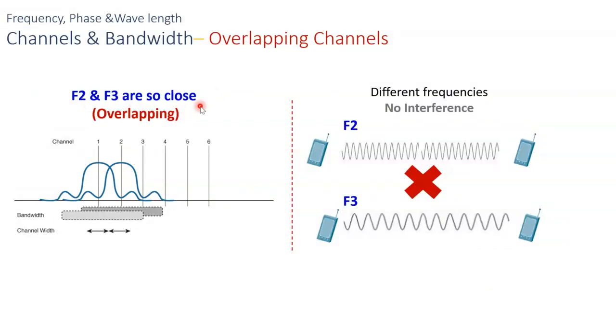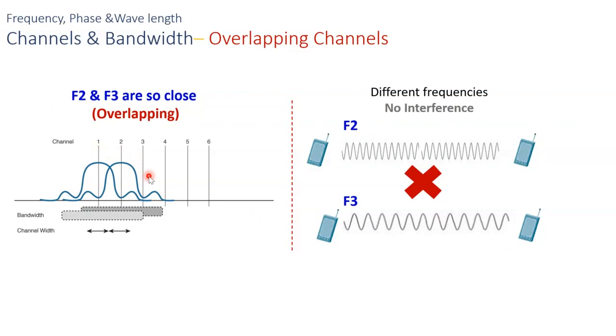F1 and F2 frequencies are so close. So the signal that uses channel 1 overlaps with the signal that uses channel 2. There is overlapping between them because they are neighbors, next to each other.